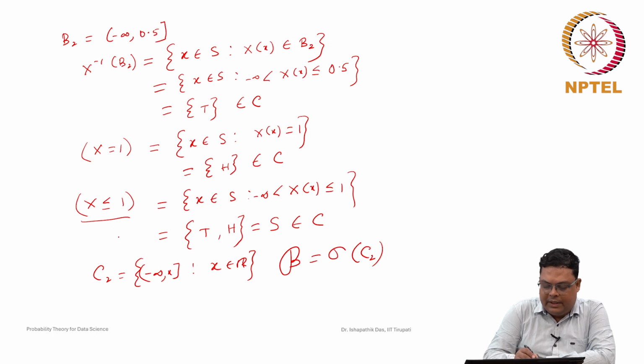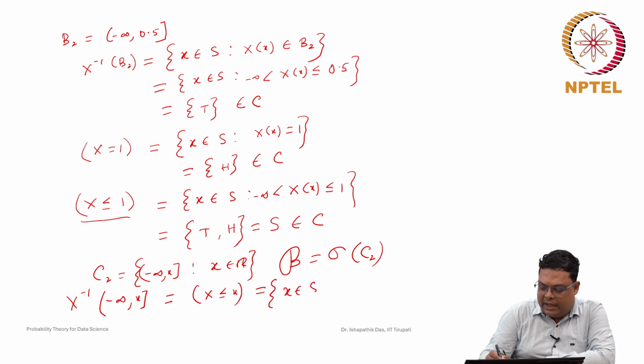Any set you take like this and take X inverse of it is nothing but the same as this notation X less than or equal to x, because both have the same meaning.